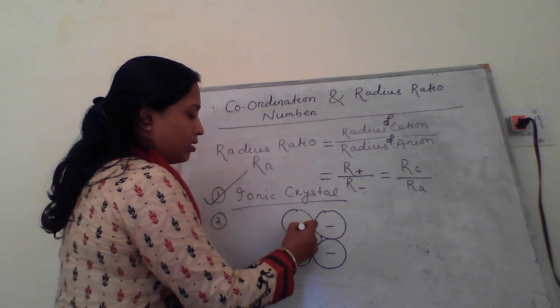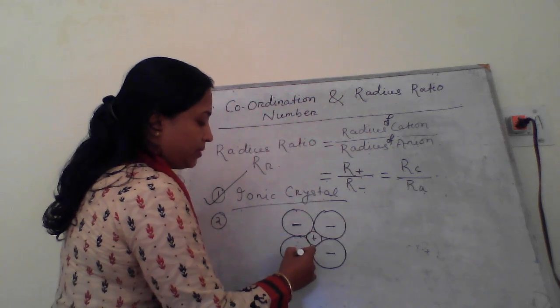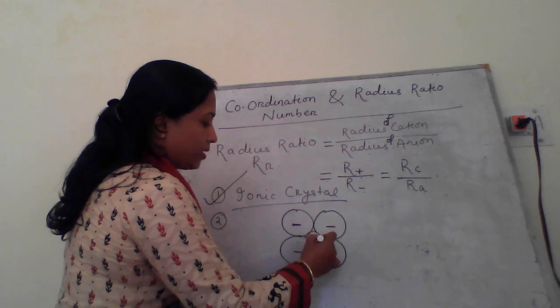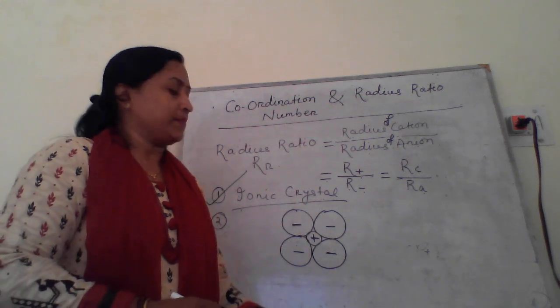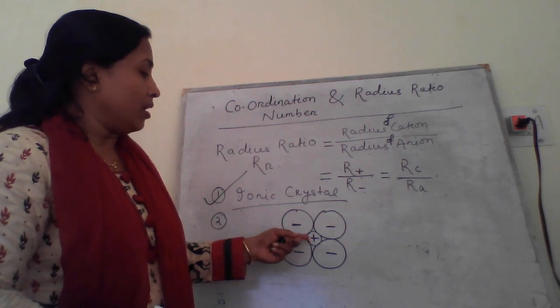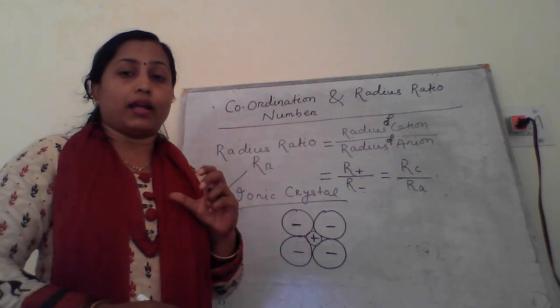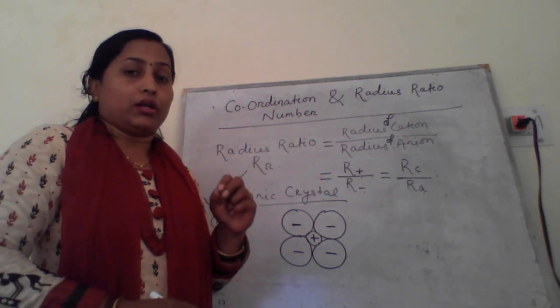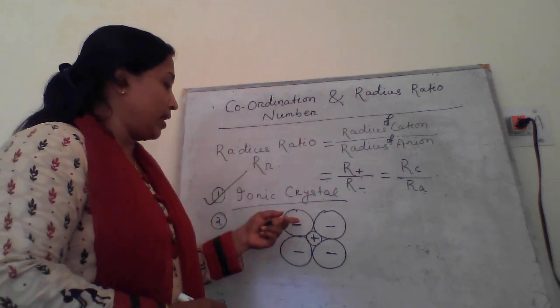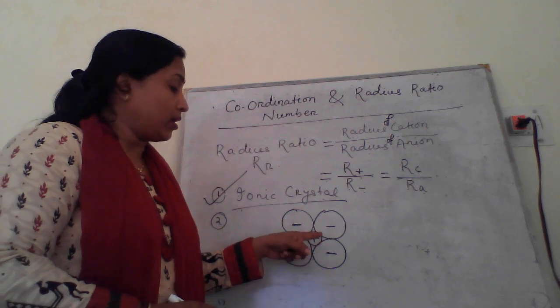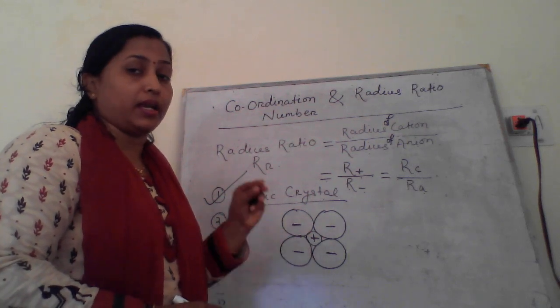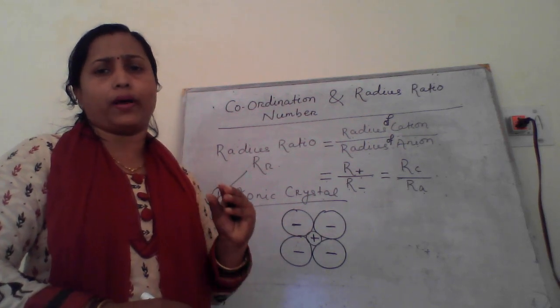For anion we put a negative representation, and for cation we use a positive sign. So remember, in an ionic crystal, while forming a lattice, the anions form the lattice, while the cations are placed in between the voids. Why?